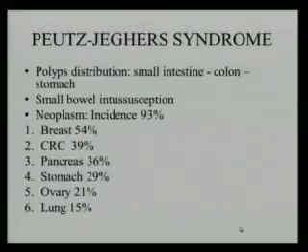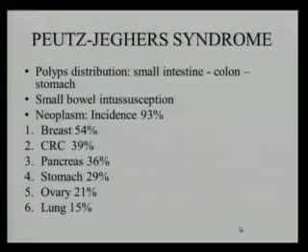The polyp distribution is actually more common in the small intestine. The second most common place is the colon, and the third is the stomach. One of the interesting things that may happen is that those kids or teenagers can develop small bowel intussusception, and their first presentation comes with acute abdomen from small bowel intussusception.